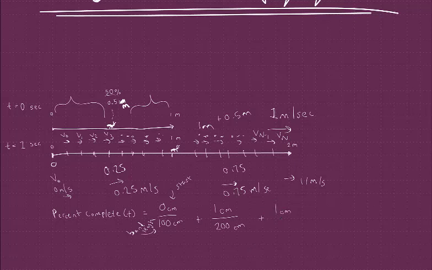The ant is moving 1 centimeter per second relative to the band. But the band is now 300 centimeters long. And at the next second, again, the ant moves an additional 1 centimeter. And now the band is 400 centimeters. And this will continue on and on and on.